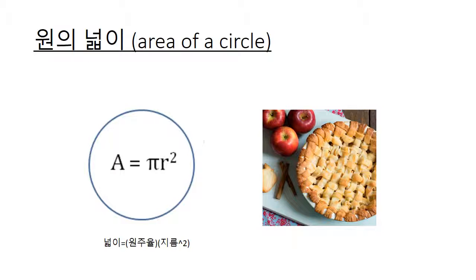In Korean, this is 넓이는 원주율 곱하기 반지름의 제곱입니다. And 제곱 just means squared, so 반지름의 제곱 is r times r, or r squared. My mnemonic for remembering this is apple pies are 2. So for circumference, it was cherry pie is delicious, c equals pi d, and for area, it's apple pies are 2, a equals pi r squared.